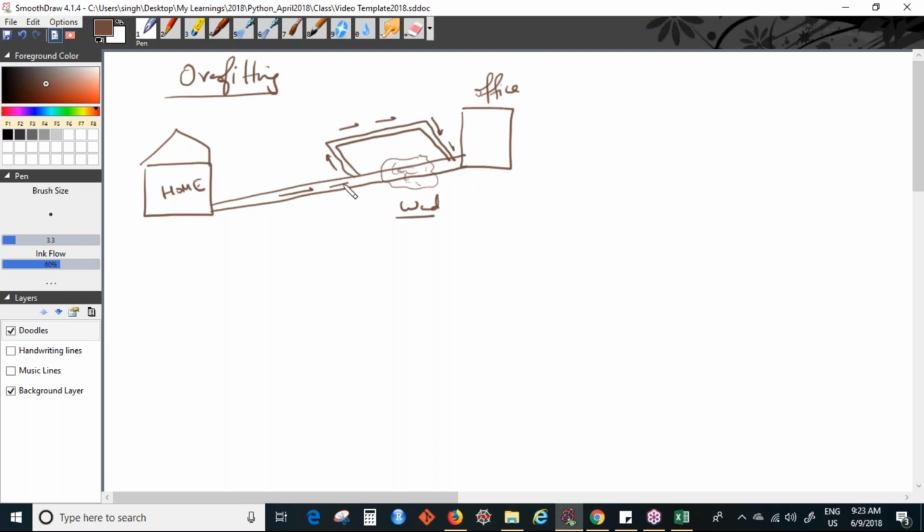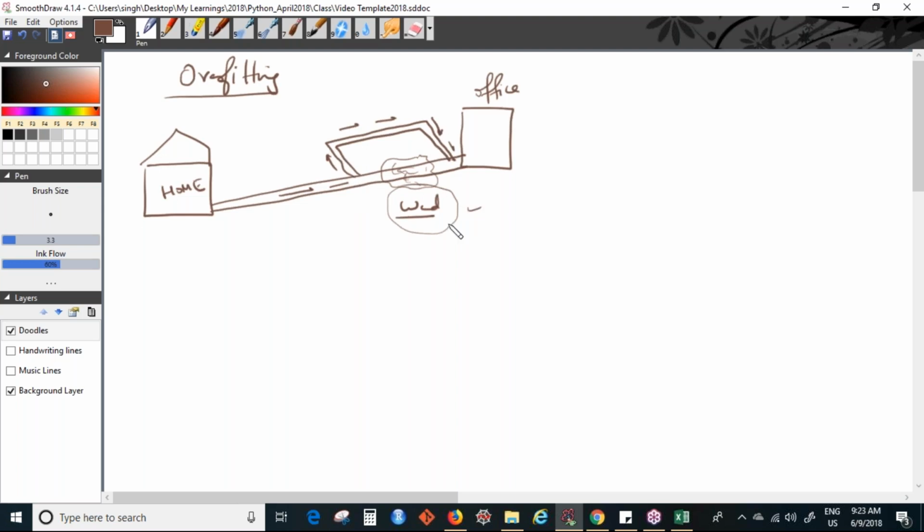Now if your model is overfitting, let's say you have a model which gives you the route. Now what would happen as a result of this? The model will memorize that on Wednesday he takes this route, and whenever next Wednesday comes, the model will start telling you that you should take this route because last Wednesday you took this route.